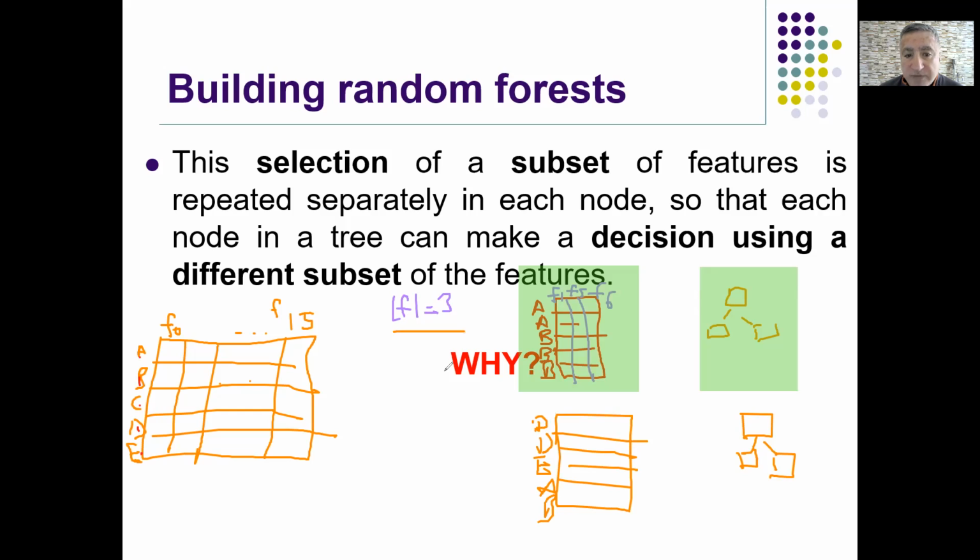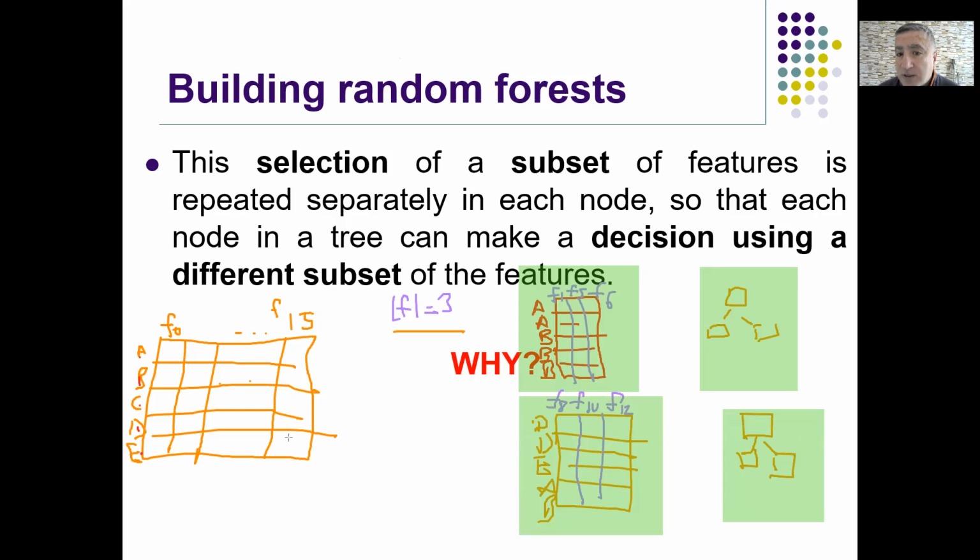And since the number of the feature subset is 3, we randomly select the features, for example, F8, F10, F12. Now, what we are gonna do? We are gonna provide this train set to this decision tree.